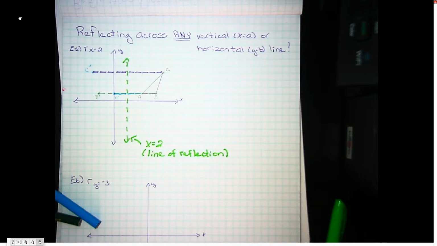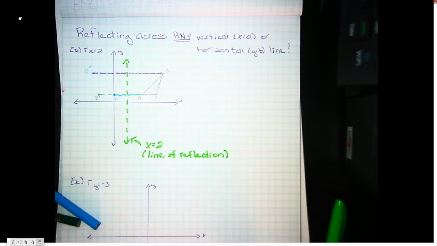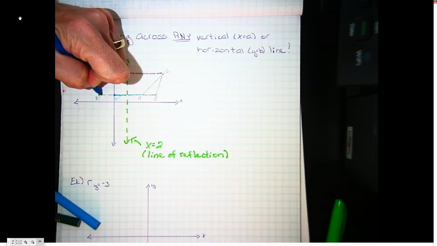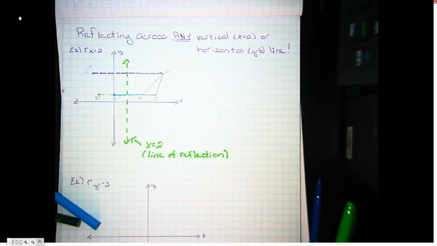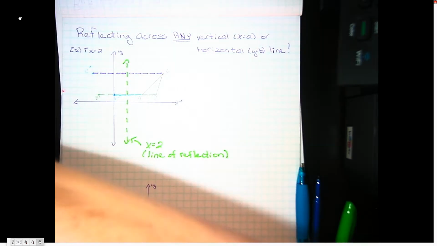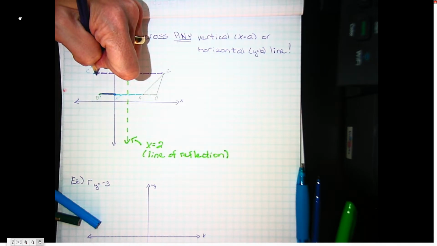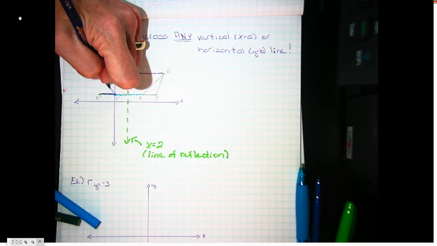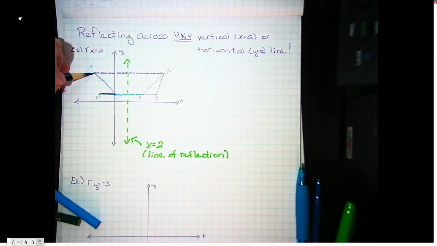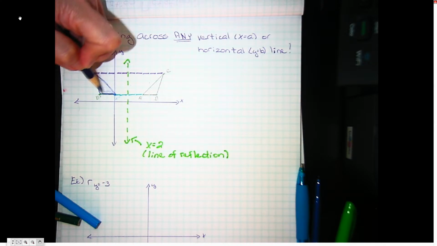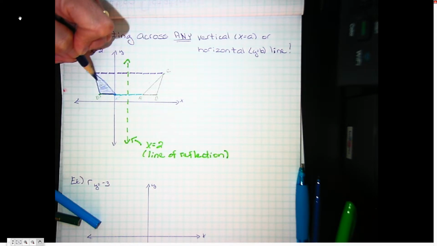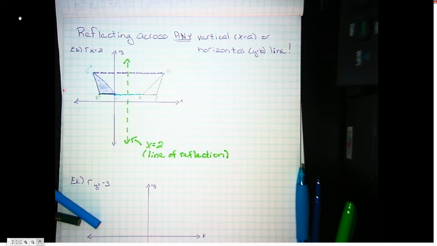Okay, so now let's connect our points. I'm going to connect A to B, A to C, and C to B. Okay, so you can see that those look like the exact same triangles.